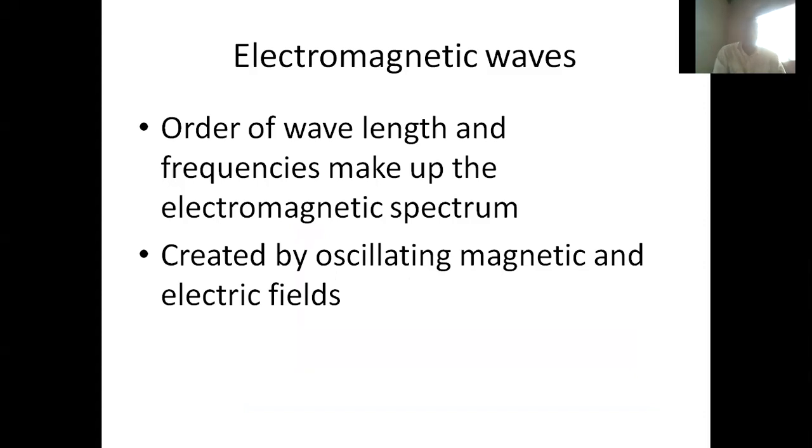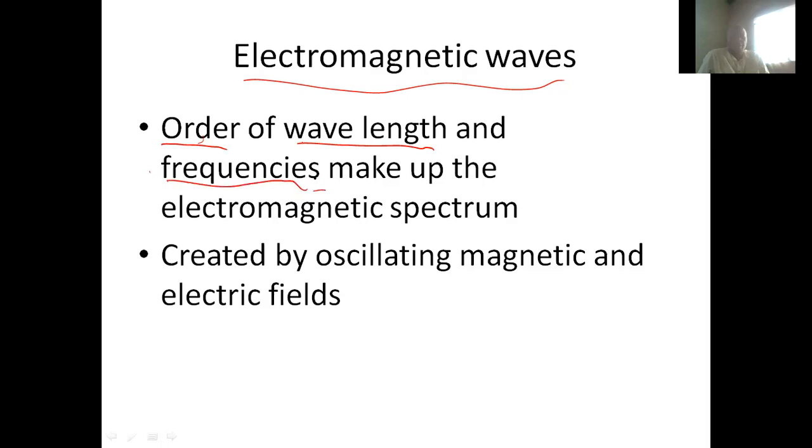Well, as I indicated, today we are going to look at waves, and the type of waves we are going to look at are electromagnetic waves. We are aware that electromagnetic waves are ordered according to the wavelength. This is very important, as well as the frequency.